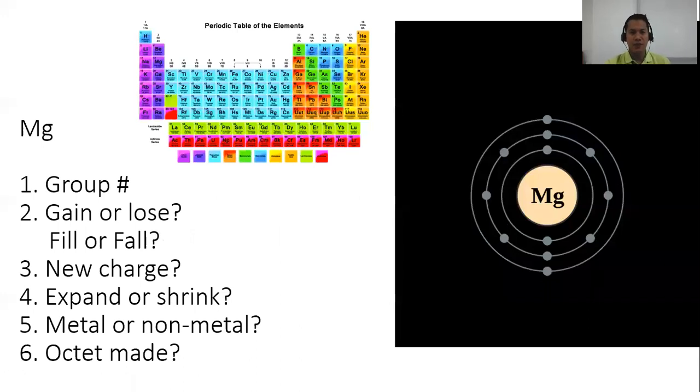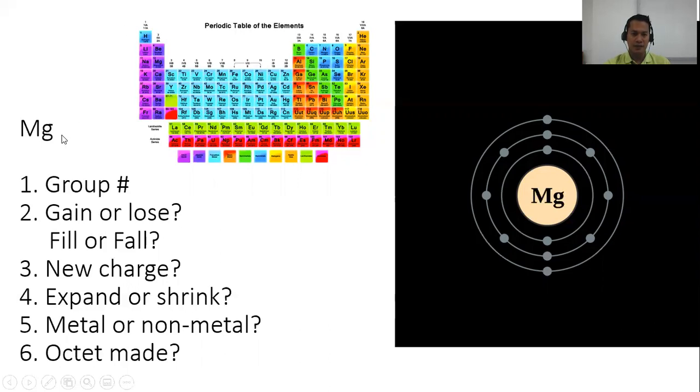Let's take an example. I have the periodic table here. I have the Bohr model, and these are our exercises. Let's say for example magnesium. This is the Bohr diagram. We will be using the Bohr diagram for this video, so it's easier to figure out the electron configuration of an element.